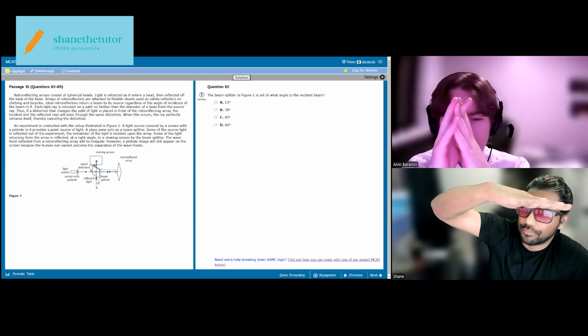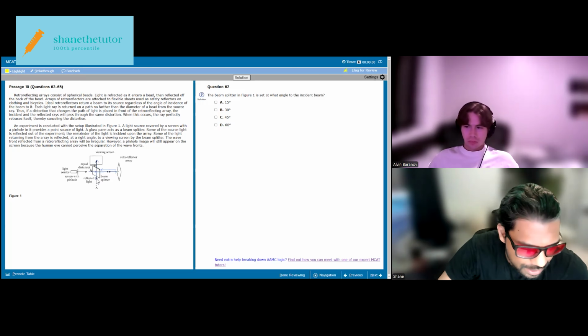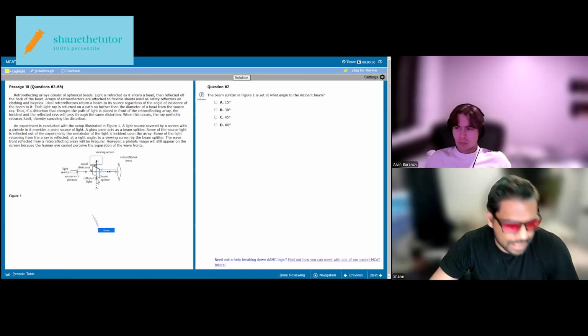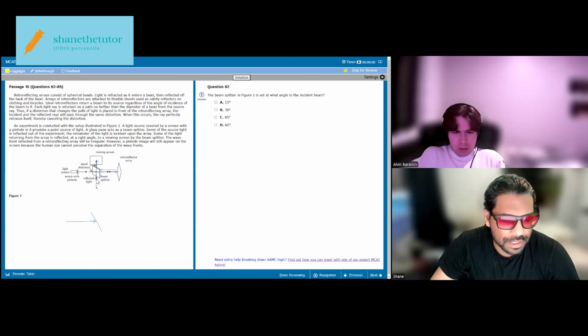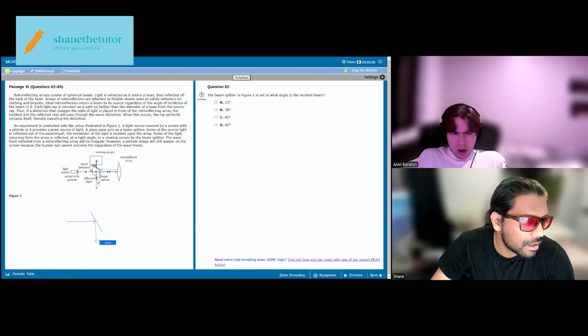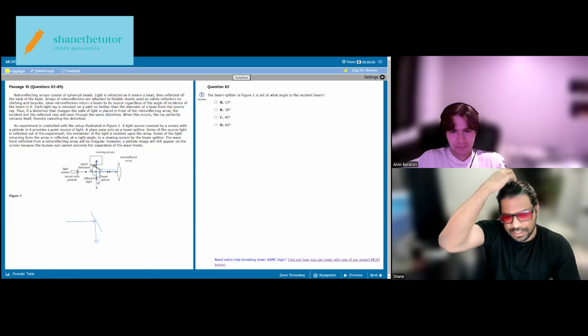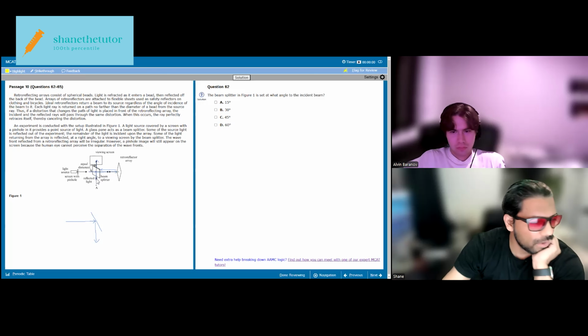So, it could help to think of this or to draw this from a bird's eye view. So if this is our beam splitter and this is our incident light ray, I believe it would cause it to reflect at a 90-degree angle.